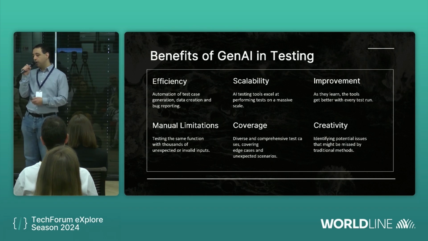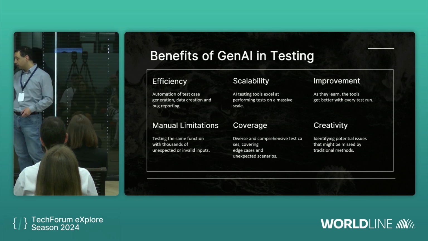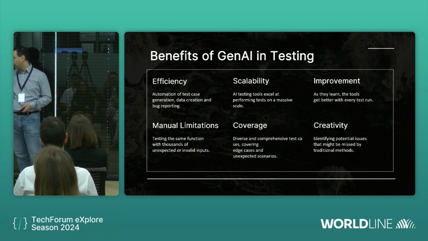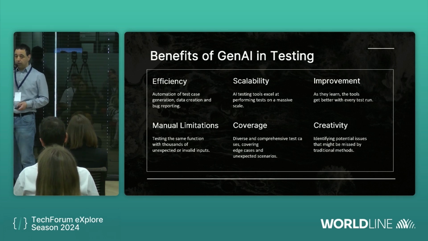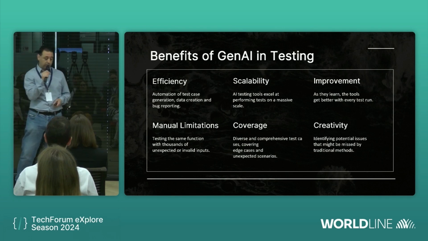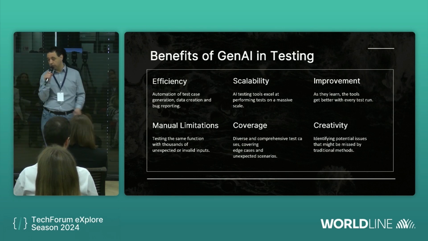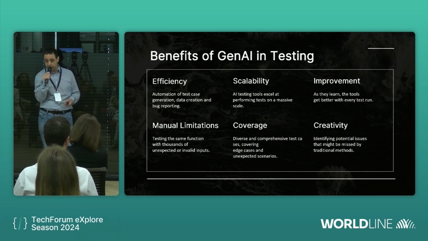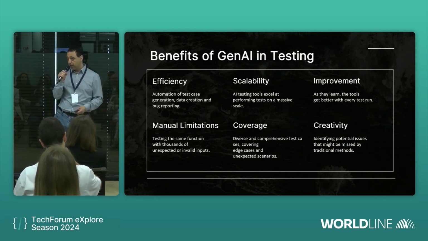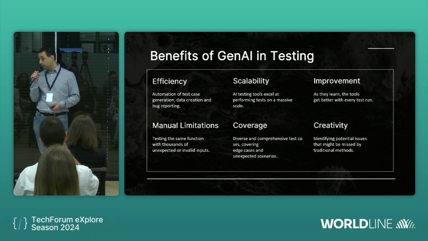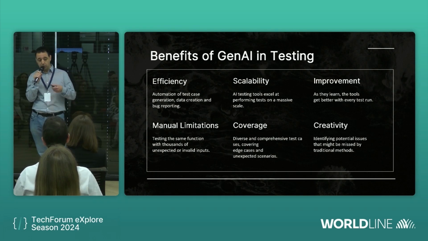But what if we apply these kinds of tools to software testing? First of all, we have efficiency, because we can generate lots of test cases, data for testing, bug reporting, etc. automatically. We also have the benefit of scalability because, as you know, these tools are very powerful. They can generate lots of information at the same time.